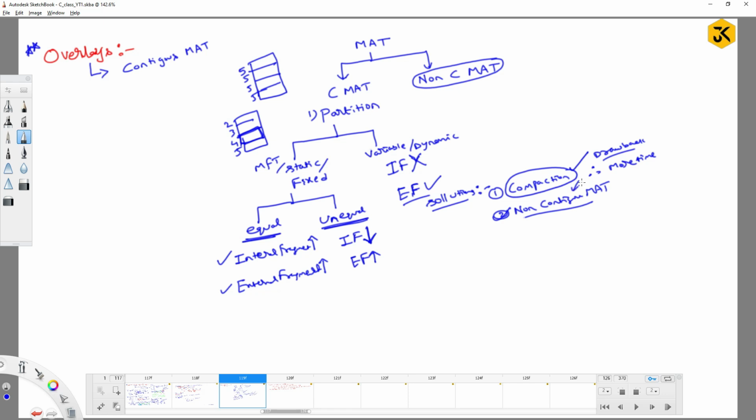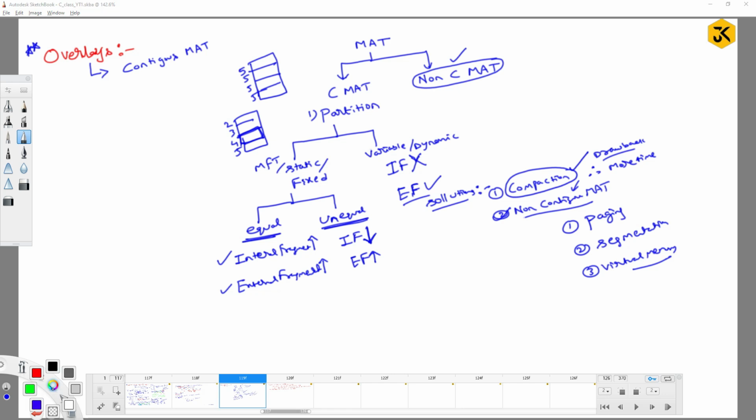That's why we move to the solution called non-contiguous memory allocation techniques, with techniques like paging, segmentation, and virtual memory. All these are examples that come under non-contiguous memory allocation techniques.